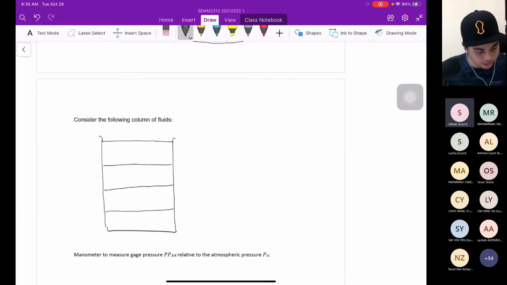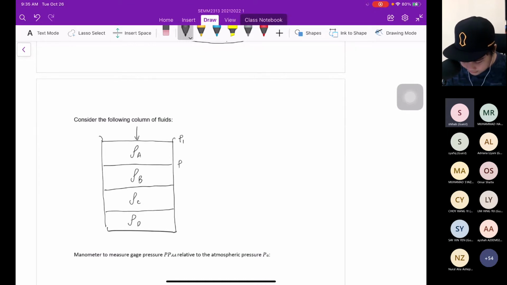So here let's say this is liquid A, liquid B, liquid C, liquid D. And then this is point 1. This is pressure at 1. Pressure exerted here, P1, P2, P3, P4, and P5. And then definitely 1 refers to Z1, and so on.